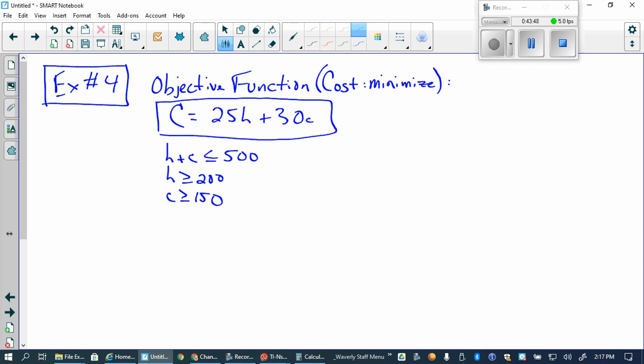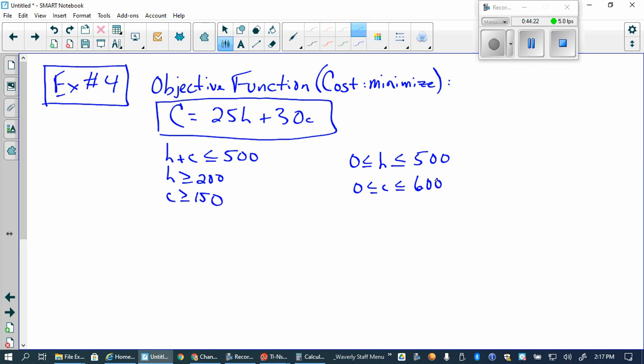Let's clear out our window here. We don't even need the negative part. How about 0 less than or equal to H, going out to 500, and then 0 less than or equal to C, up to 600.